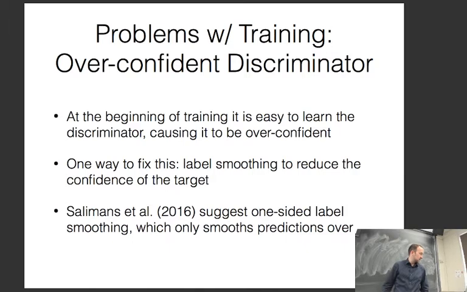In this paper, they propose doing this over only one side. I believe this was smoothing the predictions over the real side, although I'm not entirely certain.